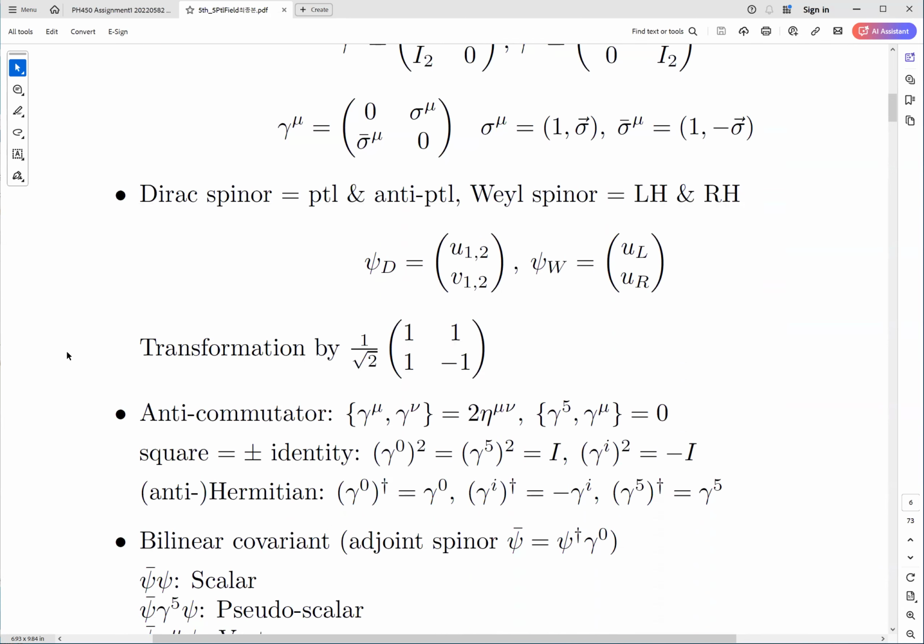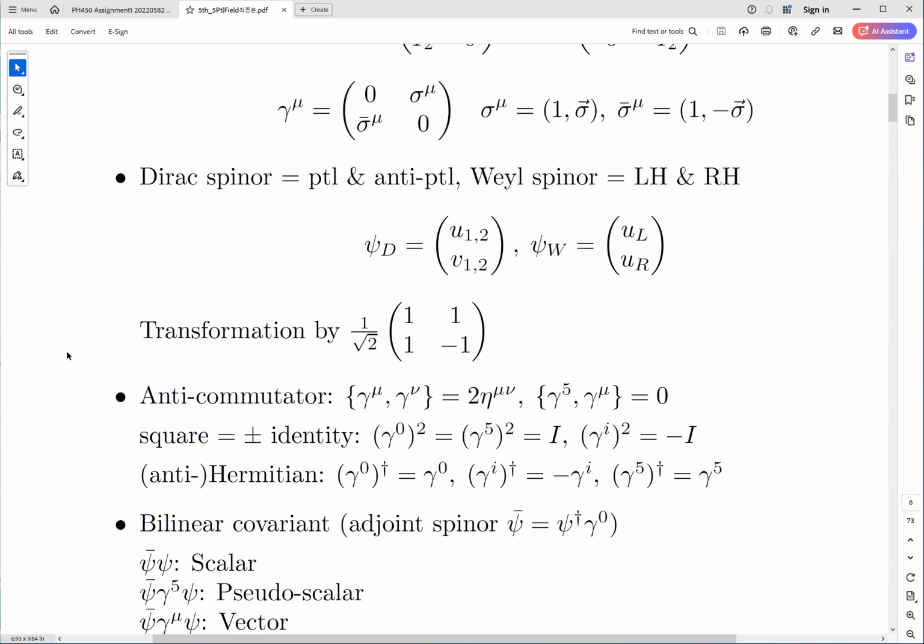The Dirac spinor can be written in several forms, like the Dirac spinor or the Weyl spinor. For the Dirac spinor case, psi is written as psi D, and the upper two components correspond to the particle solution, but the lower two components correspond to the antiparticle solution.